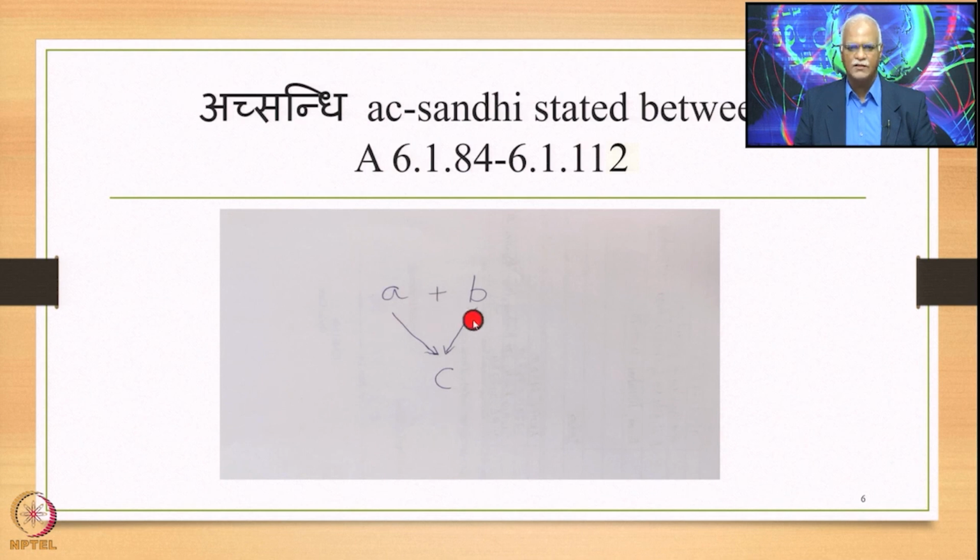A and B are the sthani and C is the substitute. A plus B is an input and C is the output.